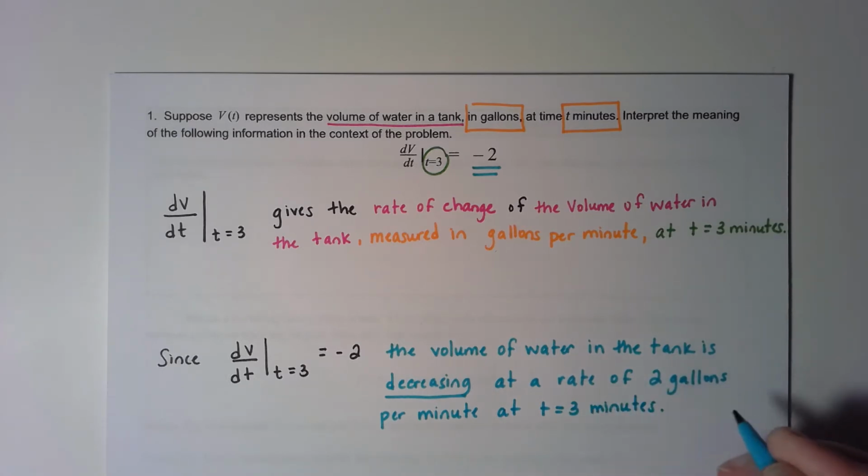So specifically, this -2 is telling me that my volume is decreasing at that rate at this specific time.